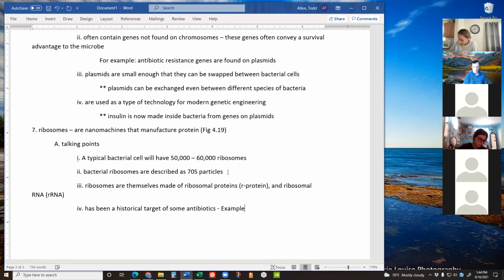For example, streptomycin is an antibiotic that disrupts bacterial ribosomes. You'll learn more about that in chapter 20 when we get to it.